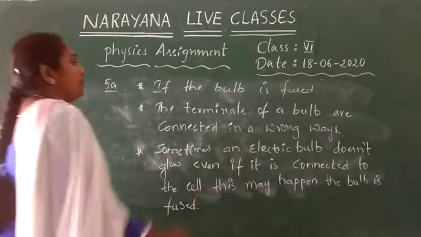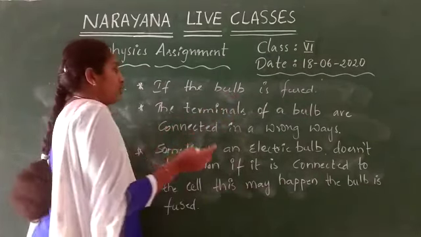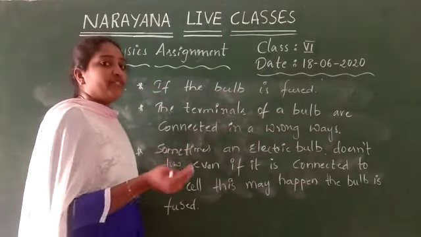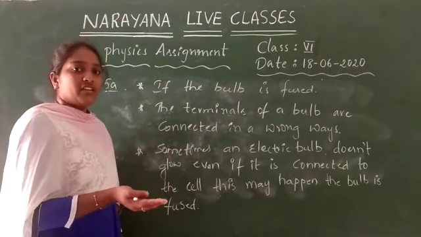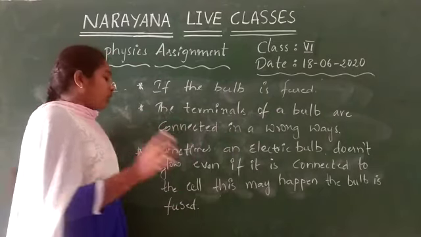So if the bulb is fused, in this case the bulb doesn't glow. The terminals of a bulb are connected in a wrong way. If we connect the terminals of a bulb in a wrong way, in this situation also the bulb doesn't glow.